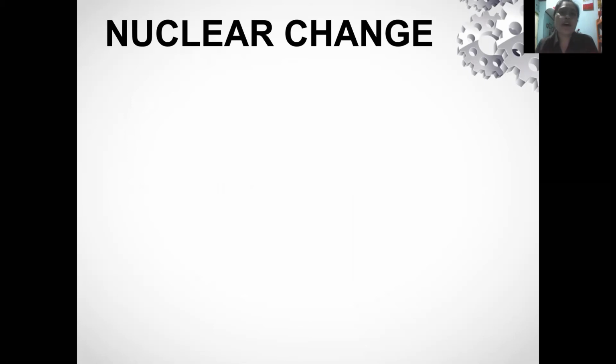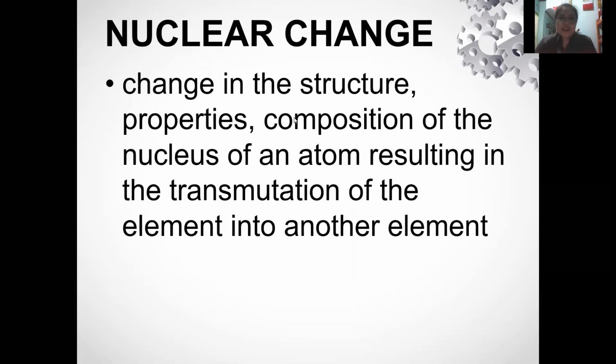Now let's move on with the nuclear change. So ano ba itong nuclear change na tinatawag? So pag sinabing nuclear change, ito talaga yung merong change sa structure, sa composition, and even properties ng nucleus ng iyong atom.